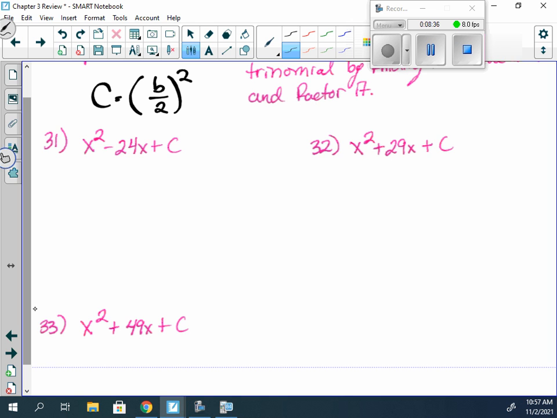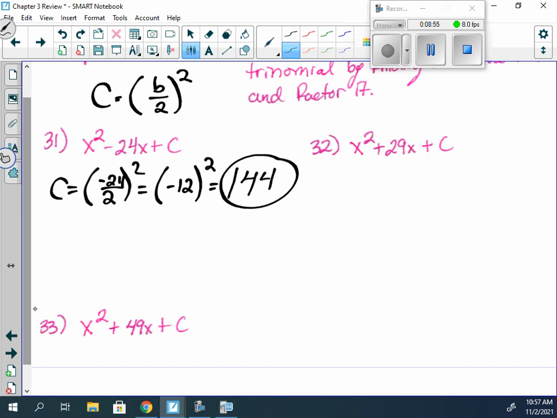We can just look at 31. So here, c is equal to what over 2 squared? Negative 24. Well, negative 24 divided by 2 is negative 12, and negative 12 squared is 144. So the value of c is 144.